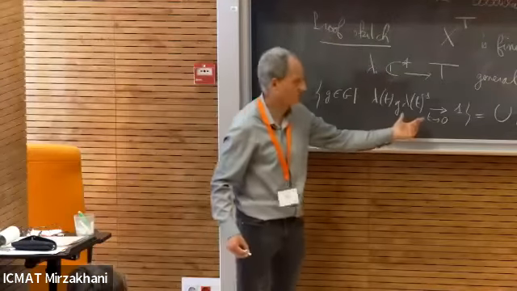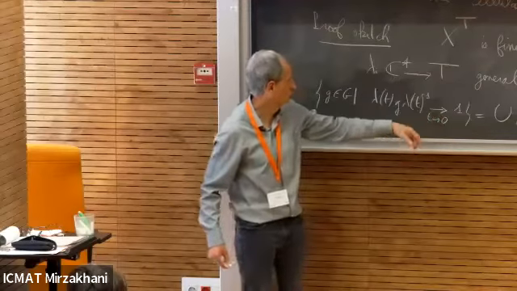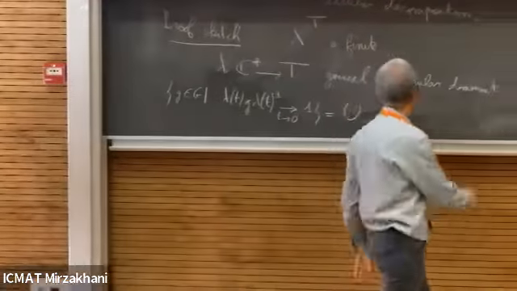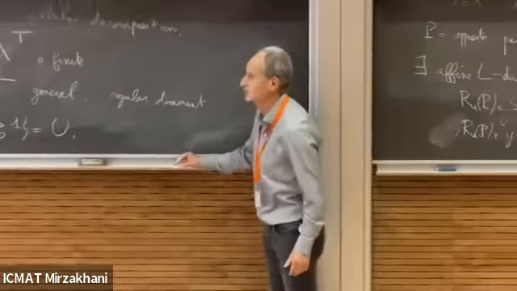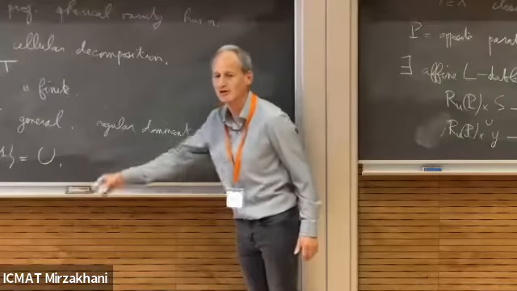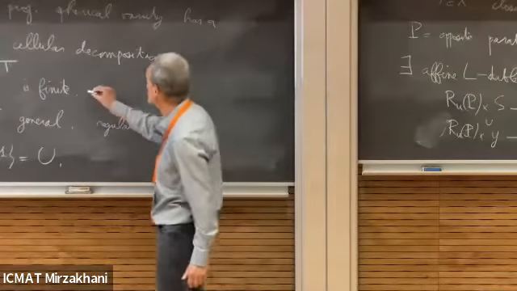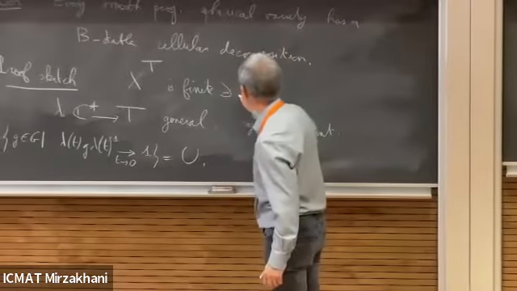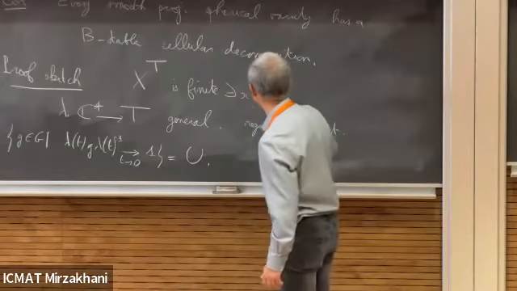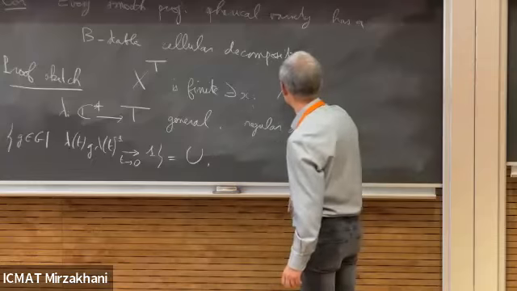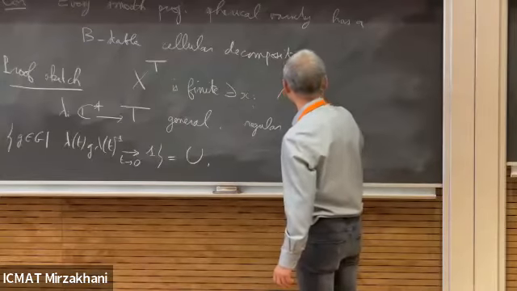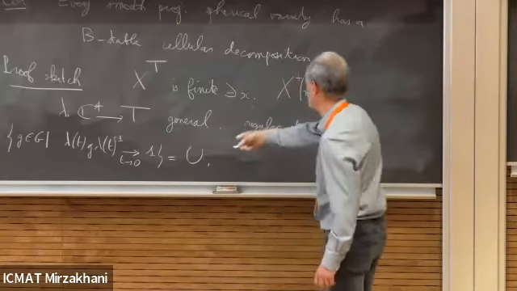And now by this convention, you see that the Białynicki-Birula decomposition is U-stable, because it's constructed in the following way. Take a fixed point x, and look at the points which are attracted by it.